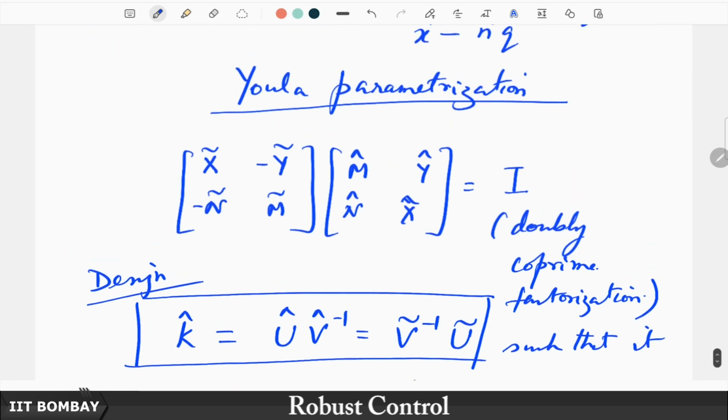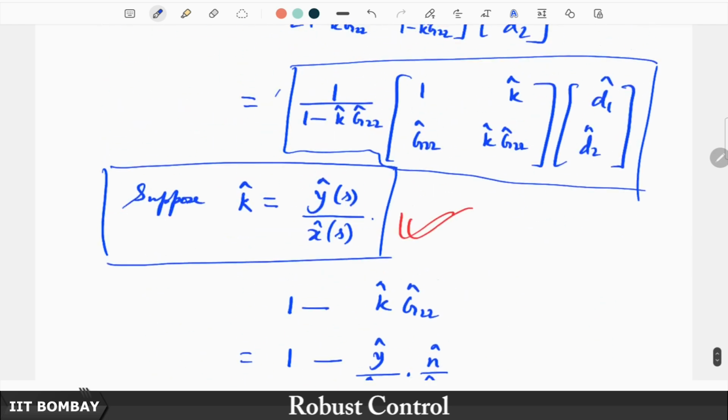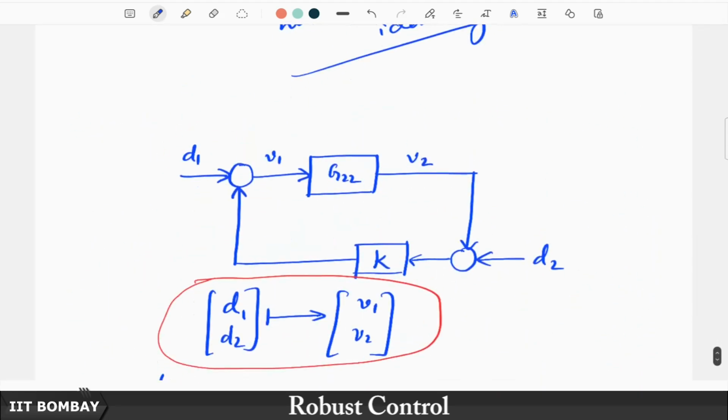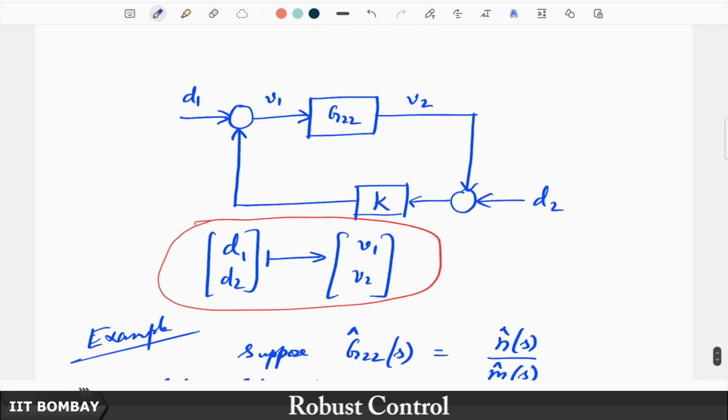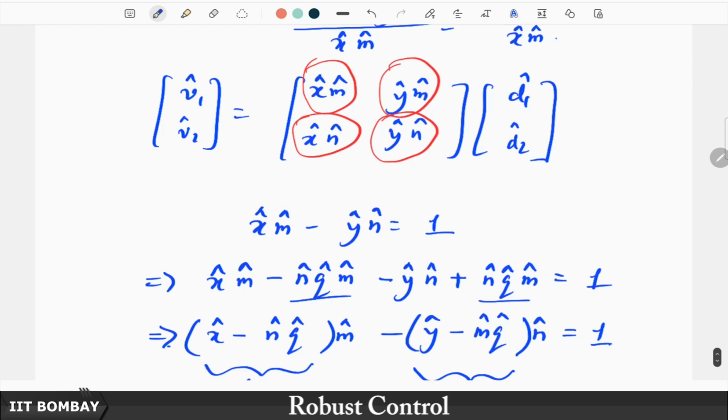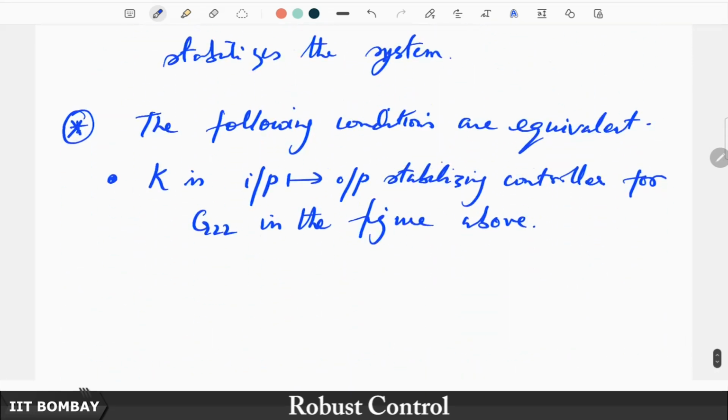By the figure above I mean the very figure which I have drawn right at the beginning of today's lecture, which is this figure. Again, this is not something new, a figure that we have seen so often over the course of the last few lectures. So, essentially this says that if this K is stabilizing this transfer function between D1, D2 to V1, V2, this map, yeah, then what is that equivalent to? That is exactly what we are looking to find out.